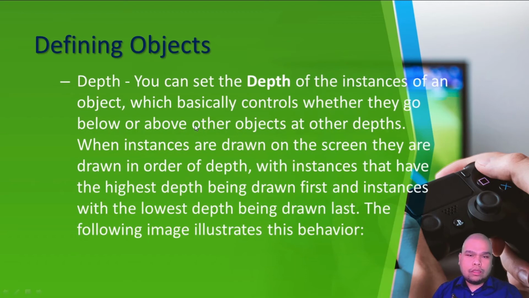Next, we have depth. You can also set the depth of the instances of an object, which basically controls whether they go below or above other objects or other depths. When instances are drawn on the screen, they are drawn in order of depth, with instances that have the highest depth being drawn first, and instances with the lowest depth being drawn last. The following image illustrates this behavior.